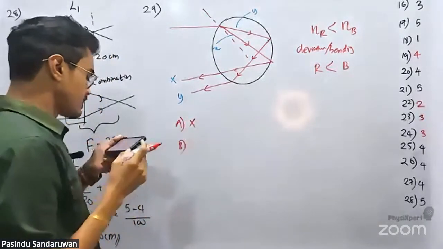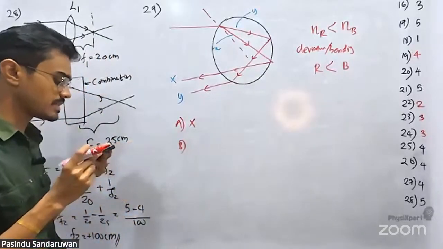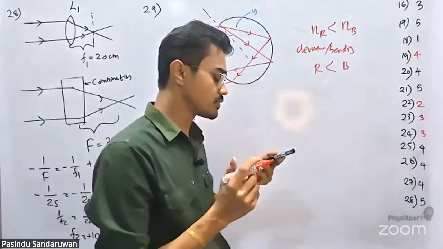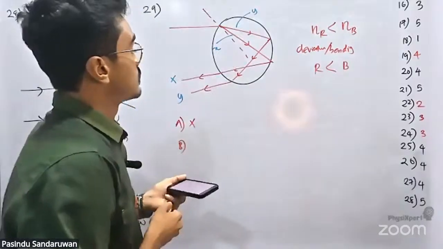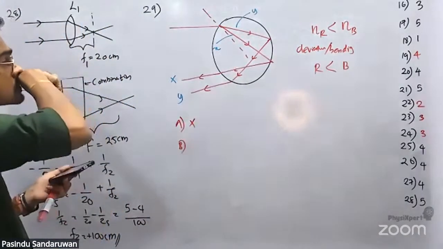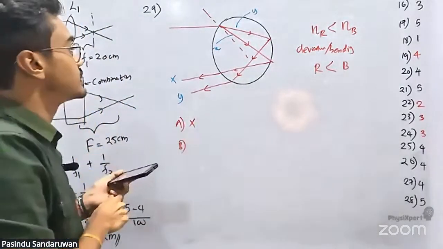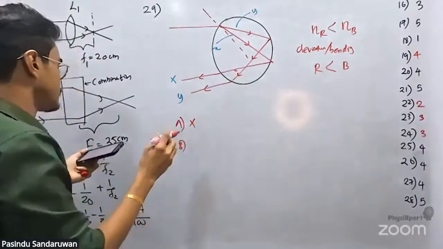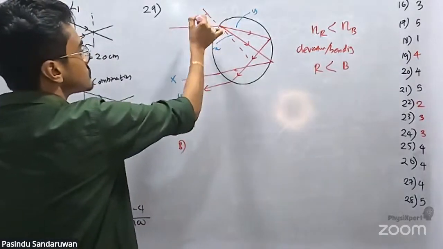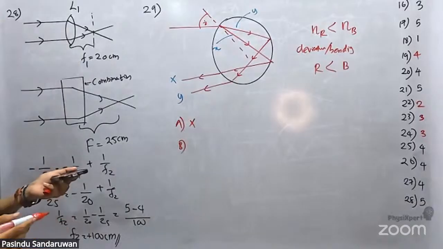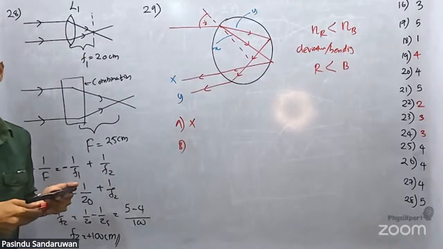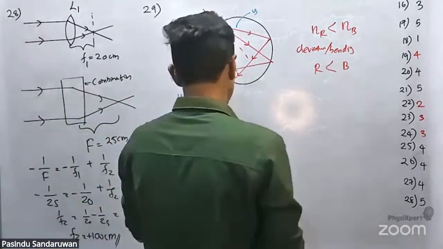B. X and Y rays are subjected to total internal reflection for all values of i. No. Why?